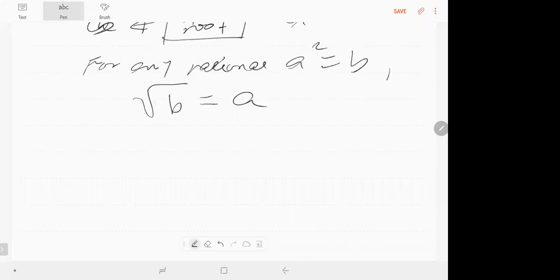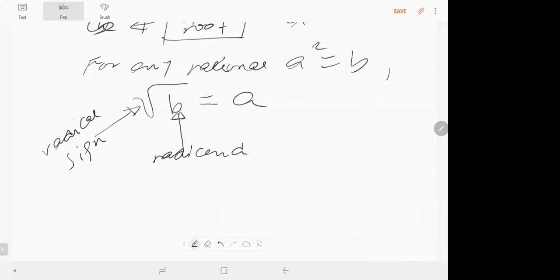Under this expression, you can give a special name for this symbol and for the number that is written under this symbol. This symbol is called the radical sign, and the number written under the radical sign is called the radicand.